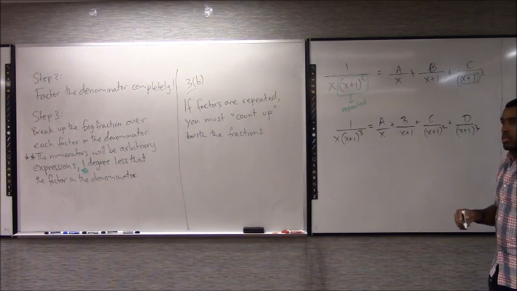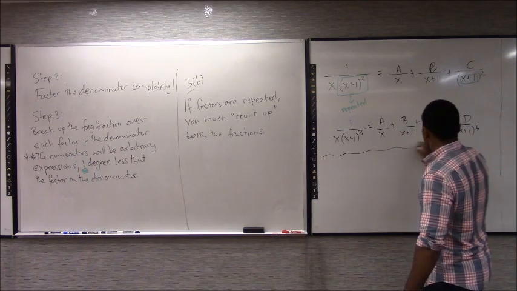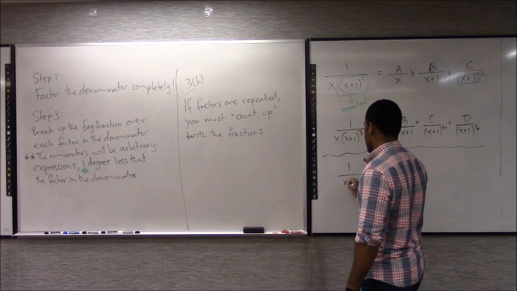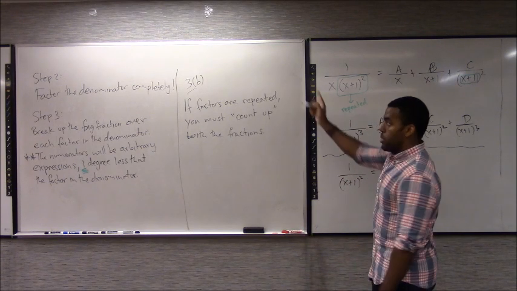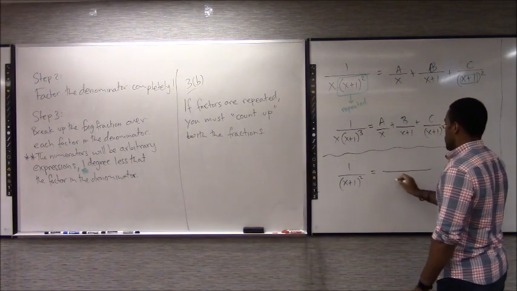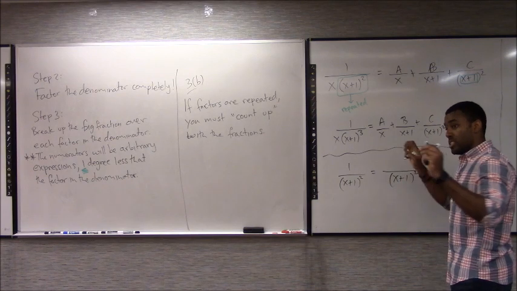Why is it only C and not C plus D? Let me explain it in this way. What if I only had 1 over x plus 1 squared? Apply this rule here. The nice way to do it would be to actually use x plus 1 as the variable.